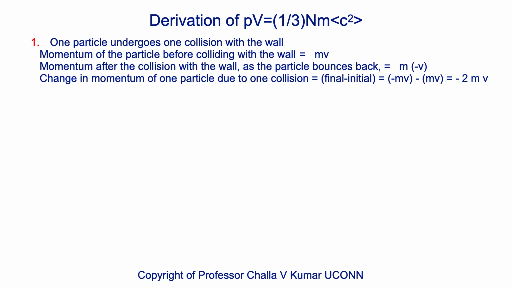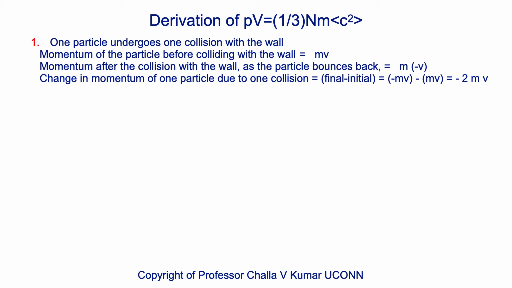Now we can compute the change in the momentum of the particle due to just one collision with this particular wall. That is equal to minus mv minus mv. What does this mean? Final momentum, which is minus mv, minus initial momentum, which is plus mv.